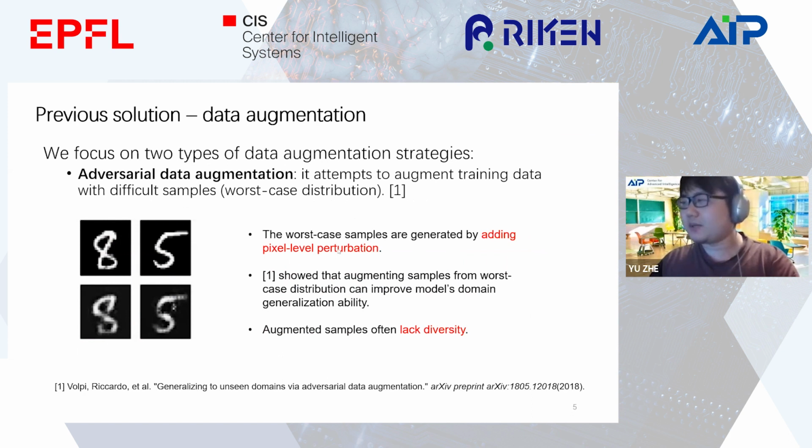Using pixel-level adversarial attacks, we can only obtain samples with similar semantics and similar styles, as the figure shows. The first row is the original training data. The second row is the training data generated by the pixel-level adversarial attack. We can see there is no significant difference between the first row and the second row.